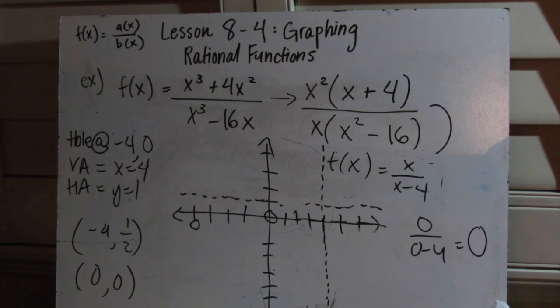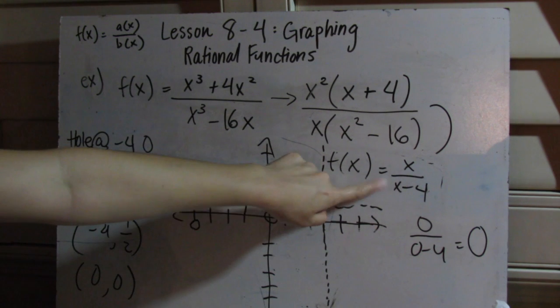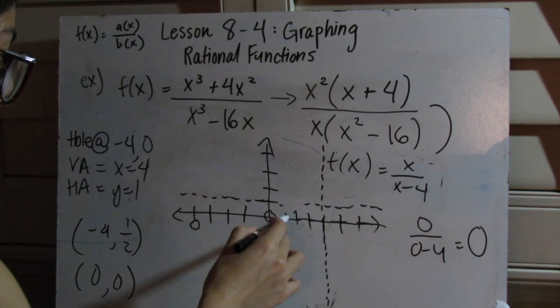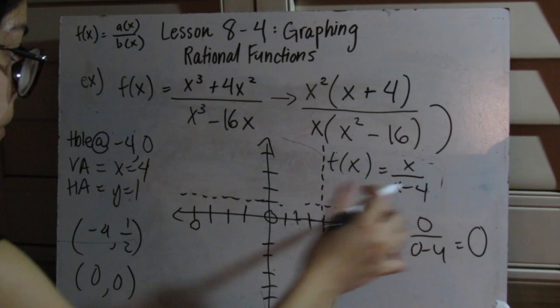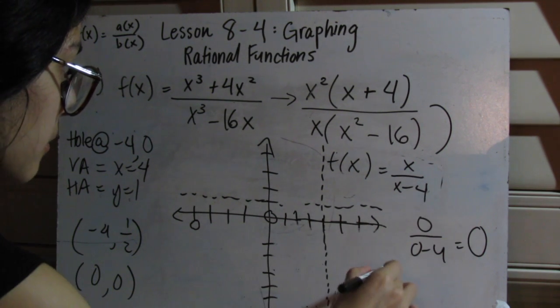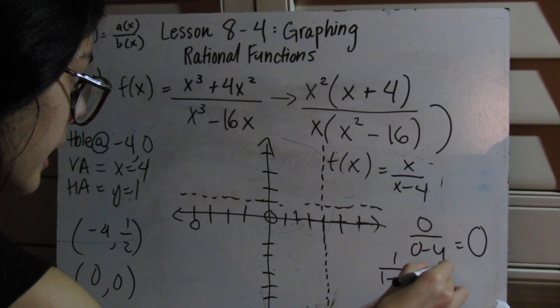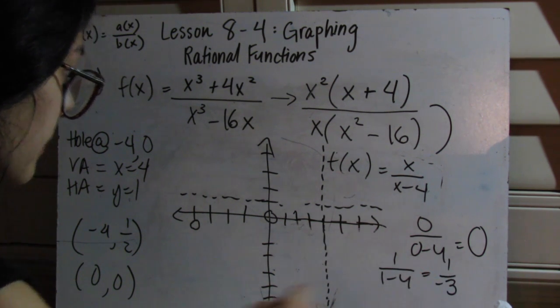Now that we have the 2 holes, we need to see where our function will lie. In order to figure this out, you need to test a point. So here's our new function that we figured out. Let's say I'm going to test 1 for x. If I plug in 1 for x, I get 1 over 1 minus 4, which is 1 over negative 3, negative 1/3.